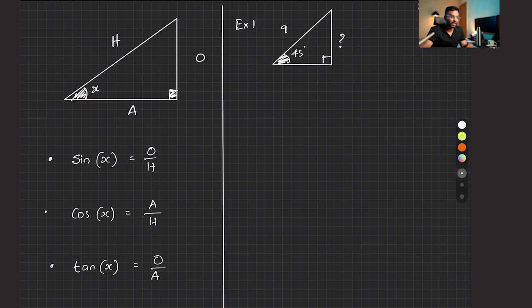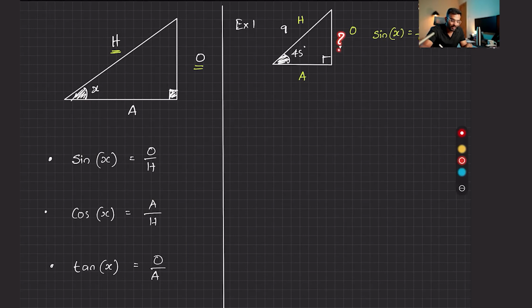So O by H is simply O by that. In this first triangle, this is the opposite side, hypotenuse, adjacent, right, everyone? And we know it is sine of X equals O by H. Why do we do that?